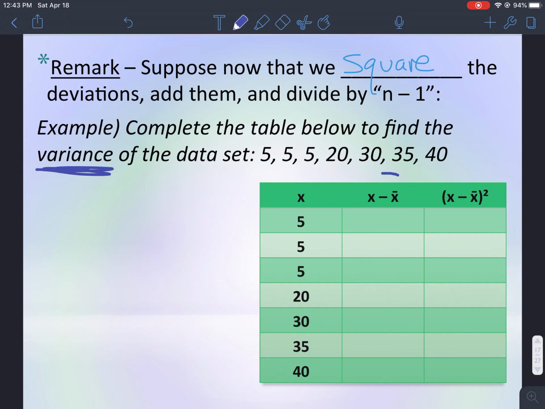So notice that this column is x minus x bar. We already know that the mean is 20. So for this one right here, it's going to be 5 minus 20.